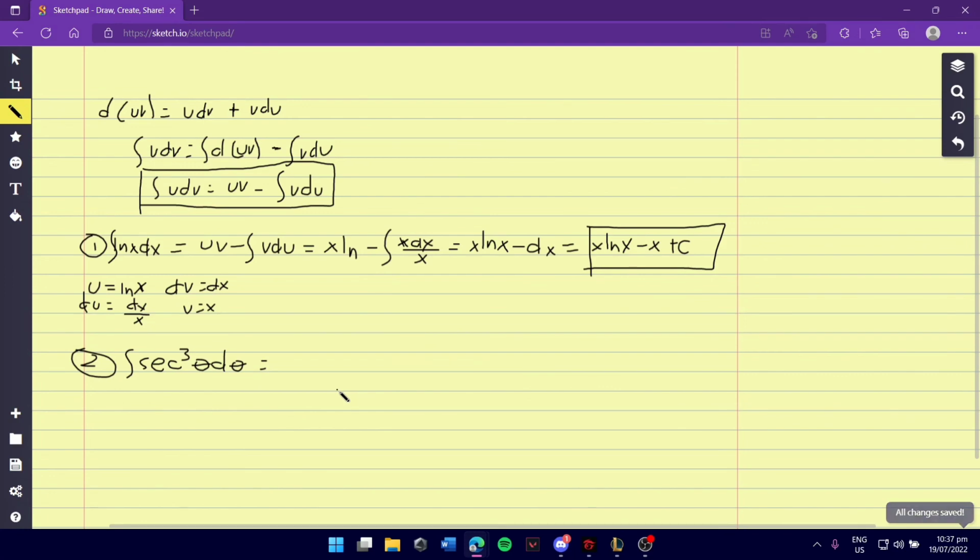So now we have our given, and next we will identify our u and our v. Our u here is secant theta.